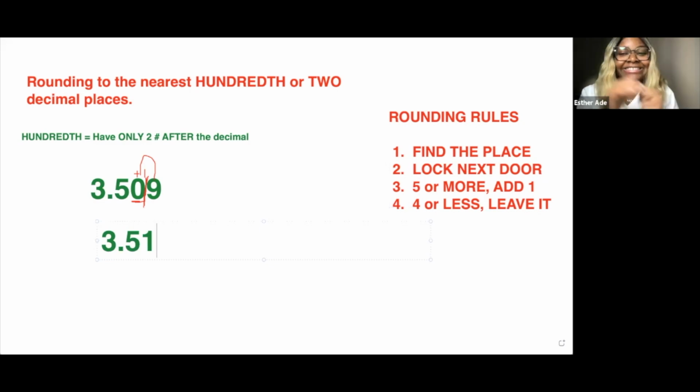Okay, so that is, guys, literally how to do your rounding. What if I wanted to test you and say take it to the nearest 1,000? Easy, 1,000, 3 numbers after your decimal. So this time around, you just have to make sure that you lock the door after the third number after the decimal.